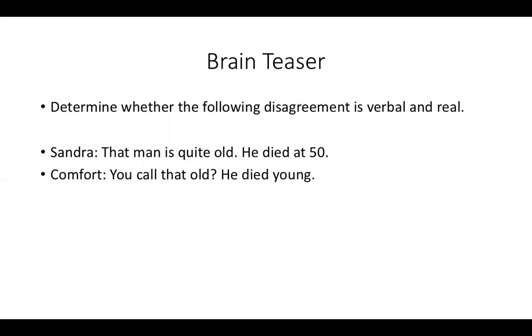So the meaning of old is not settled. Because old does not have a clear meaning, you have to say it is a verbal dispute, because until the meaning of old is settled, you continue to have that kind of dispute.